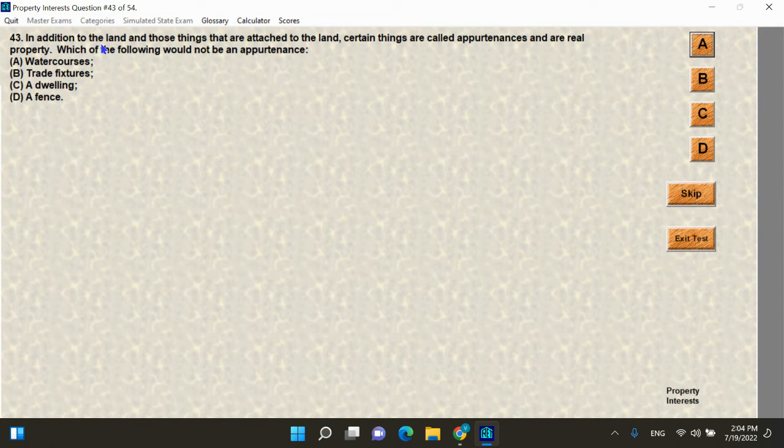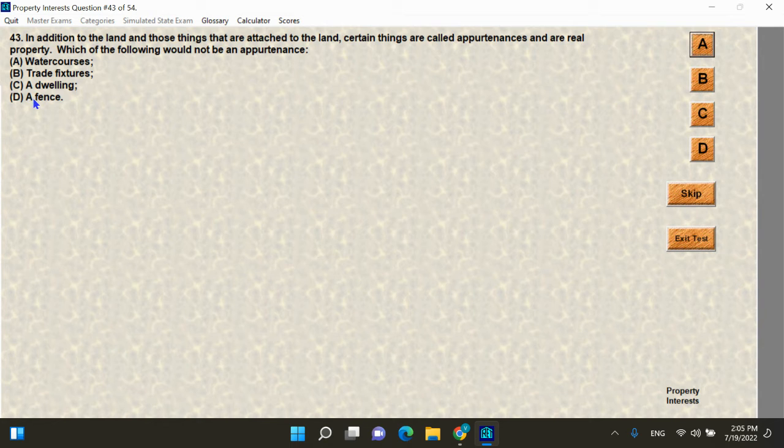43. In addition to the land and those things that are attached to the land, certain things are called appurtenant and are real property. Which of the following would not be an appurtenance? A. Watercourses. B. Trade fixtures. C. A dwelling.